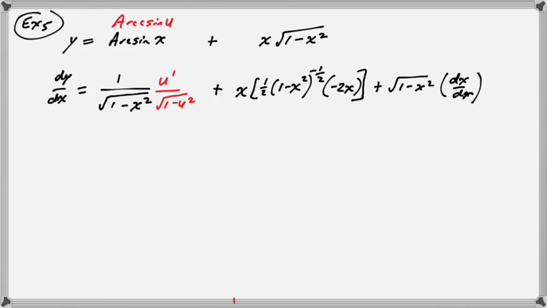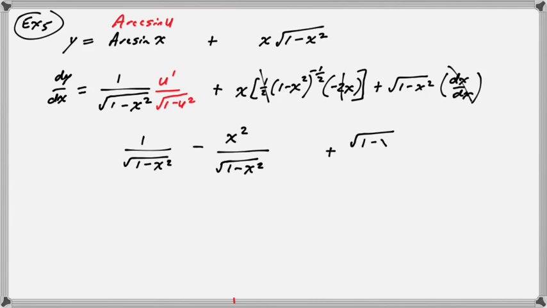Just 1, right? So let's see what we have here. We have 1 over radical 1 minus x squared. This would be minus, because of that. x times x is x squared, and this would be over the radical 1 minus x squared. And this would be just a radical 1 minus x squared.